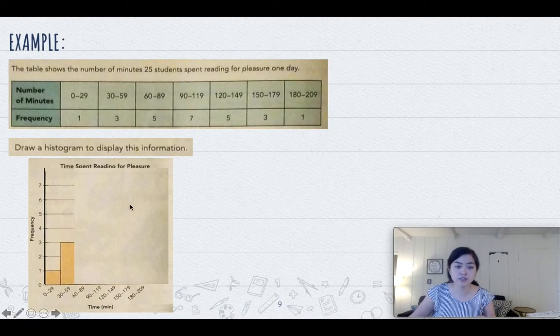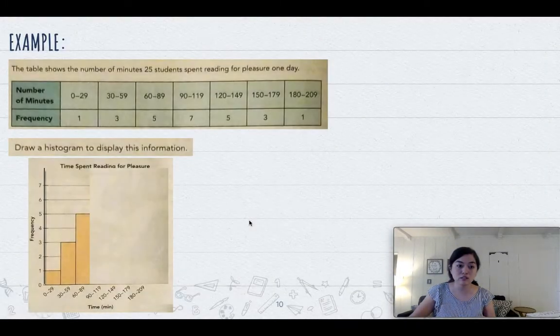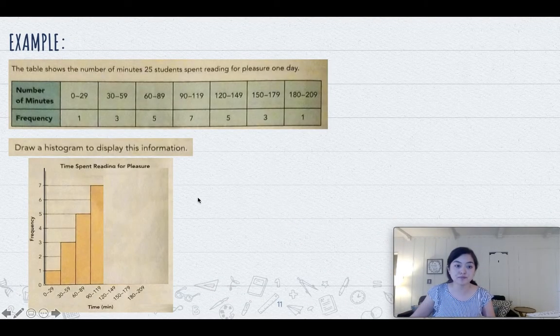Our next interval is from 60 to 89, and our bar is going to go up to 5. So it's going to shoot past this bar here. And now our interval of 90 to 119, our bar is going to reach all the way up to 7. Ta-da!